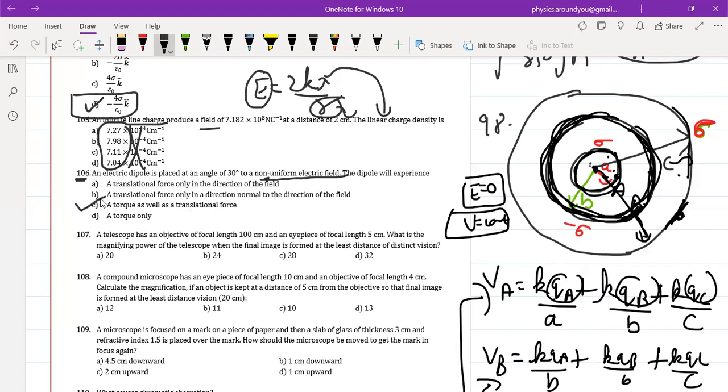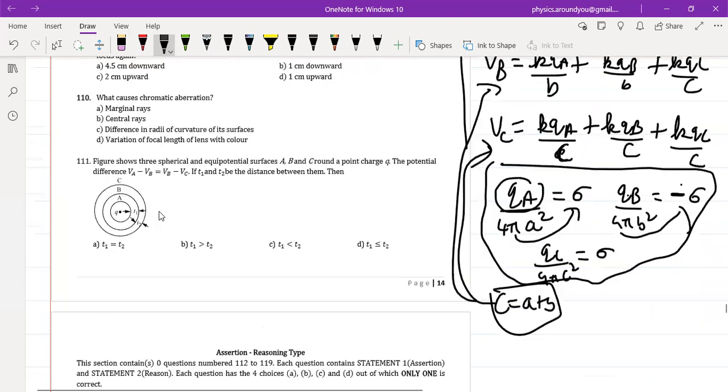That is absolutely right. 106 goes with C. We don't know whether it is in the direction of the field and things like that. It's going to experience a torque as well as a force. Cool, so this is about 106. It is a non-uniform electric field, so 106 goes with C.